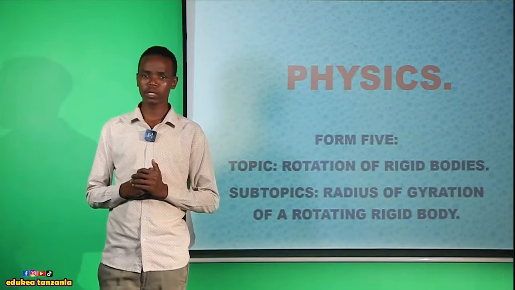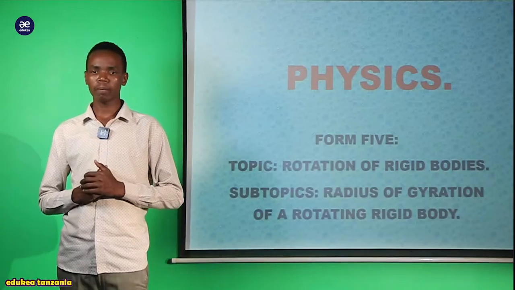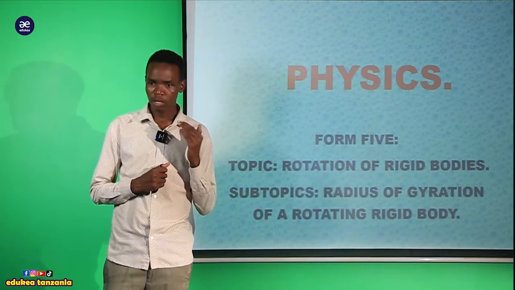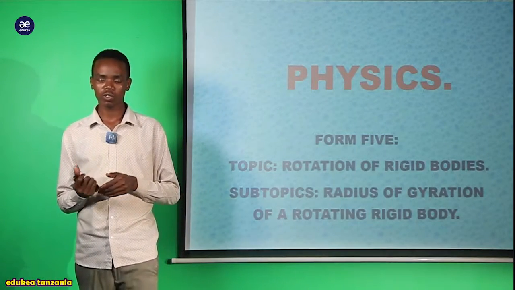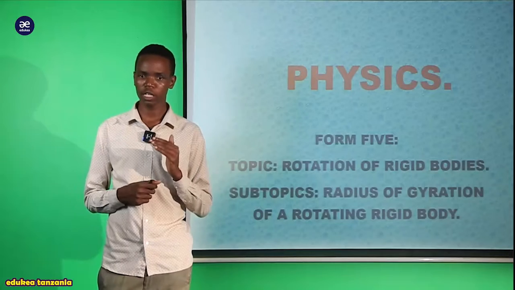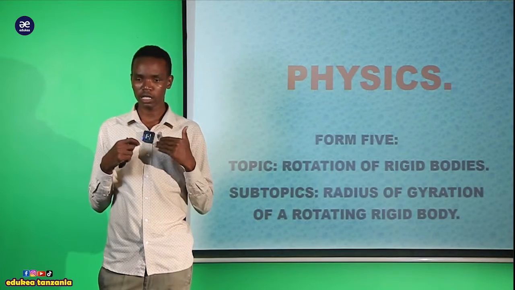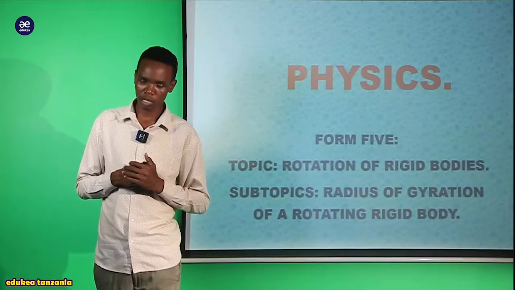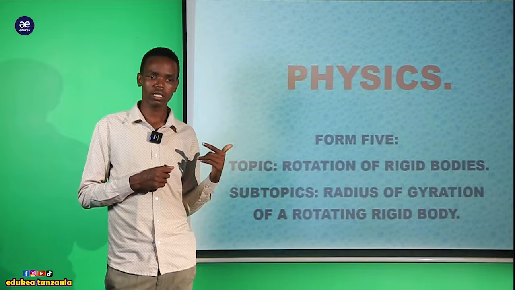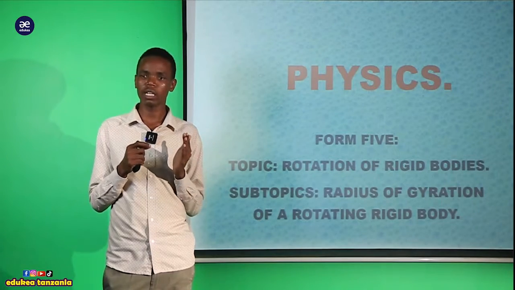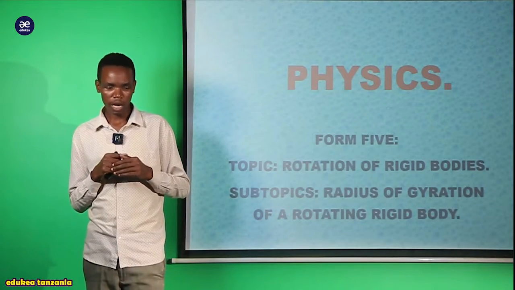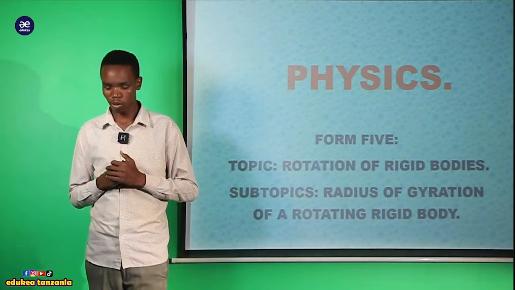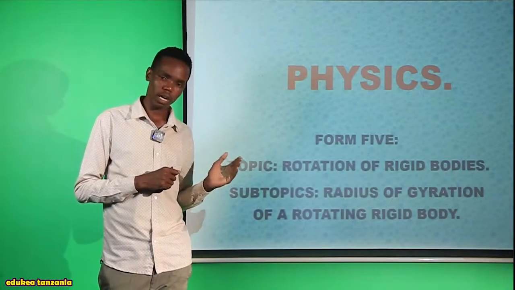But before we proceed, we are supposed to remember where we ended in the last session. On the last session, my dear student, we tried to see the final application that explains how the perpendicular axis theorem is applicable. We said that it is always applicable for identifying the moment of inertia about an axis along the diameter.